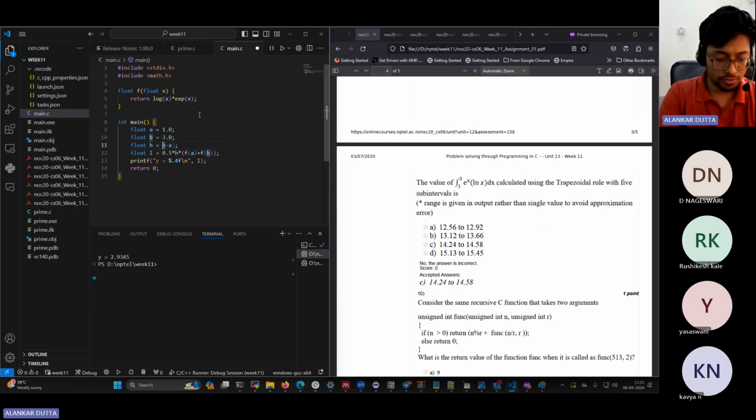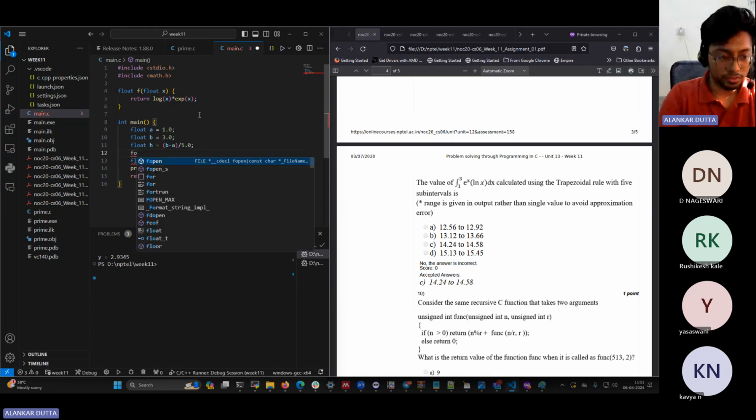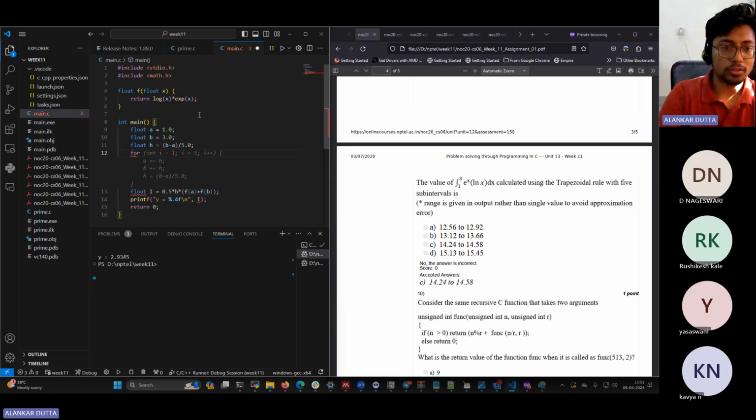So now your h is going to be (b minus a) by 5, because that's the number of intervals that we are using. The idea here is that we find out the function values at the two different points. So for that, we will need a for loop.